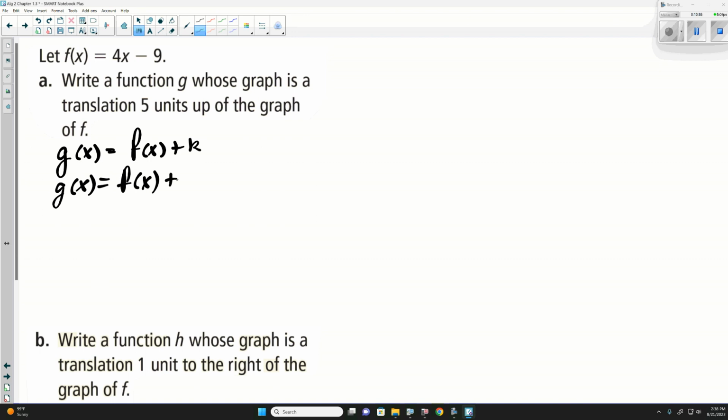And what is our value of k? 5. Would it be positive or negative? Positive, because we're going up. We're going up, so it's going to be plus 5.